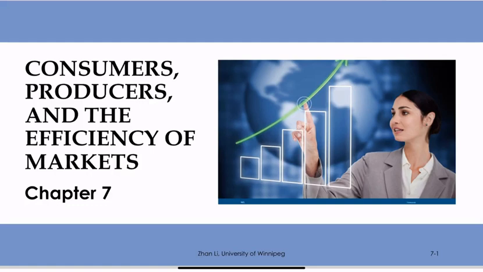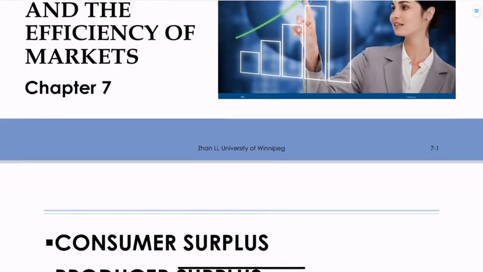And after that, we will formally define the efficiency of the market. And in the end, we will get the following result. That is, the competitive market is the efficient way of organizing economic activities. That is, market equilibrium maximizes efficiency.